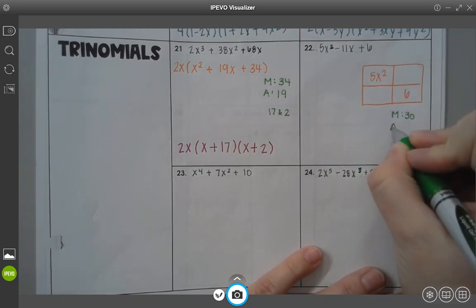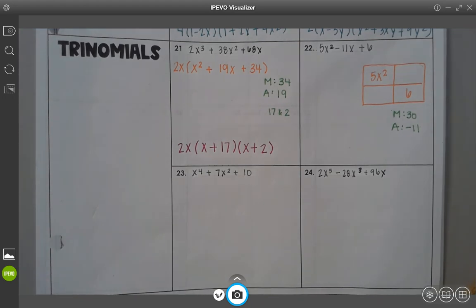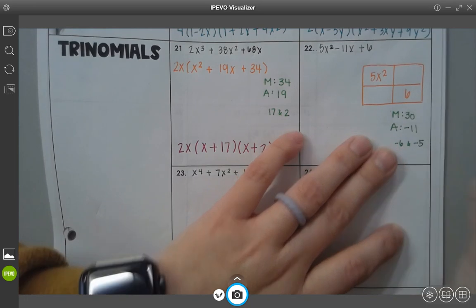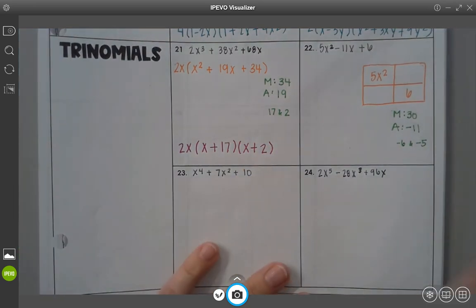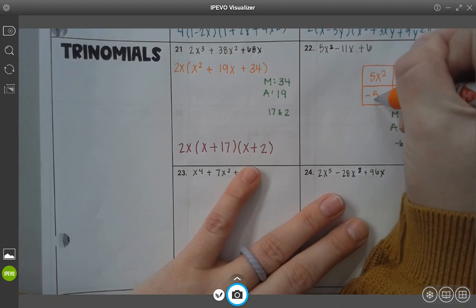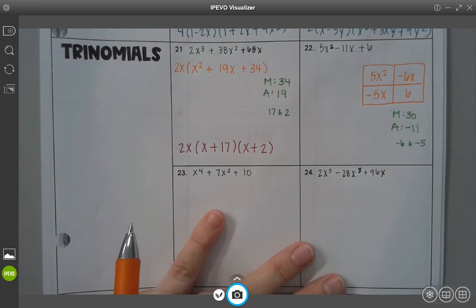And those 2 numbers add to be what? Negative 11. Yep, negative 6 and negative 5 are my 2 numbers. So those numbers go in here along with an x. Negative 6 and negative 5x.